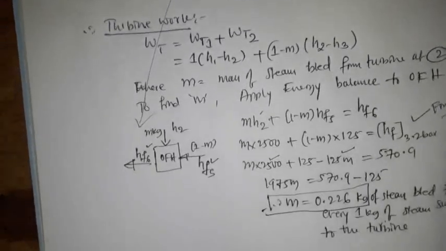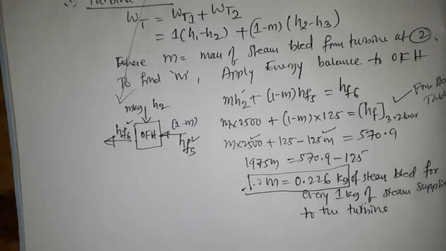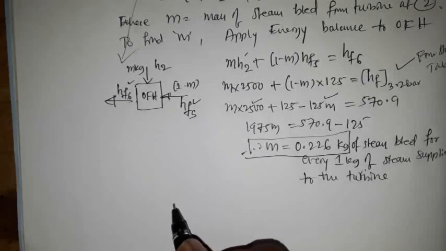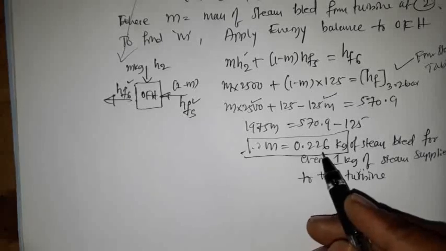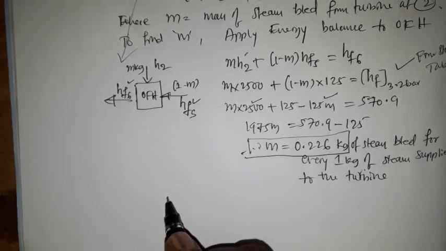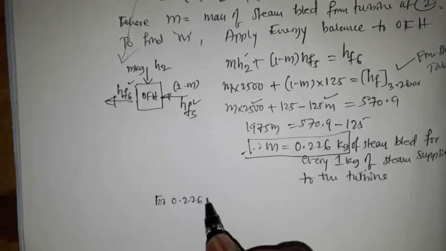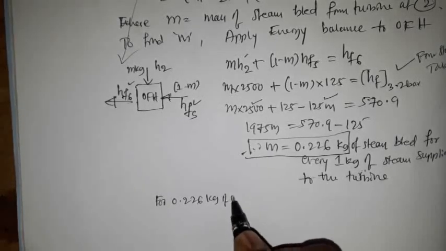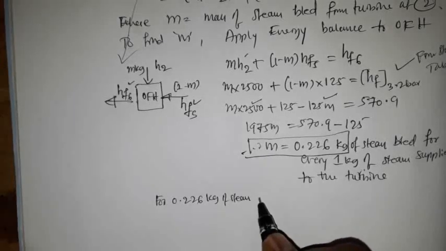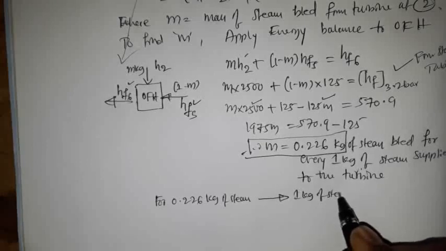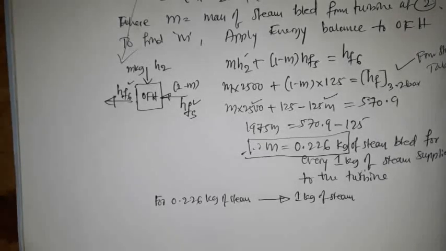Let's calculate that one. If we supply 1 kg, how much are we bleeding? We are bleeding 0.226 kg. Means for bleeding 0.226 kg of steam from the turbine, we are supplying 1 kg of steam into the turbine.